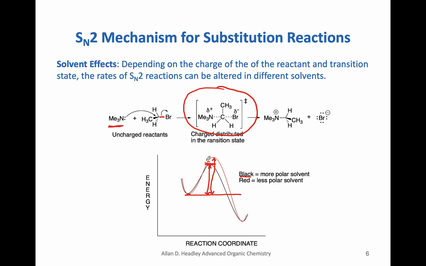So you should be able to analyze reactions of this type if carried out in a more polar solvent or a less polar solvent in terms of the reaction rates. And just to refresh your memory, the reaction rate depends primarily or exclusively on the energy of activation.